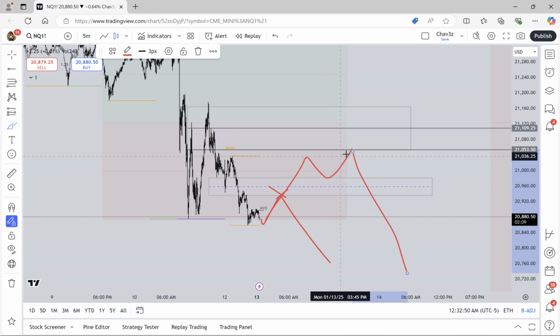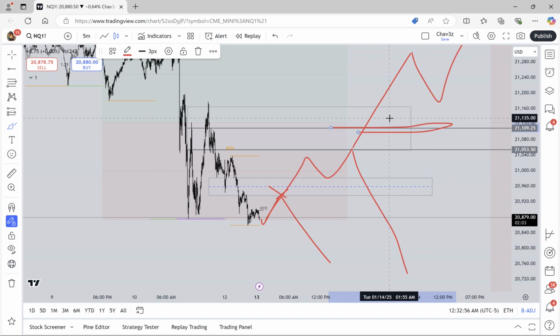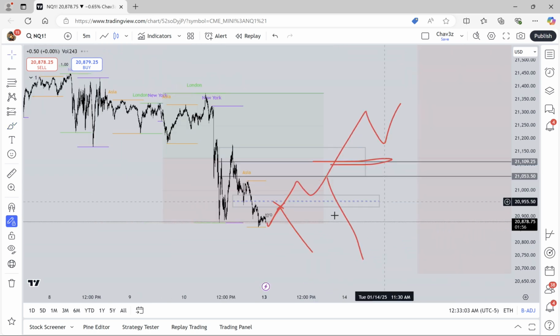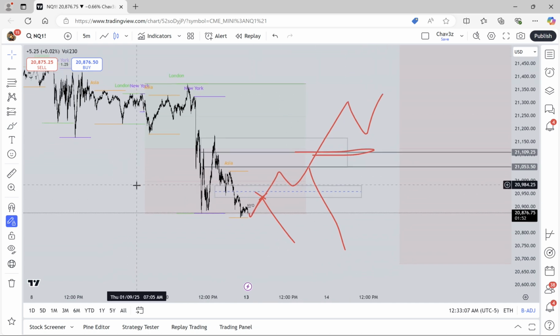And then the third one we have is: fly above and be bullish, come back down and use this breaker, this order block that we made, and create bullish pressure and go higher. Those are my 3 scenarios going into tomorrow.